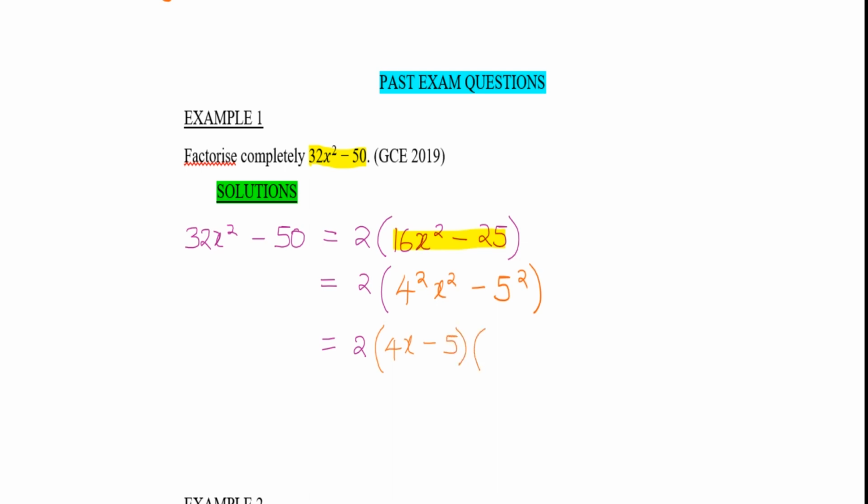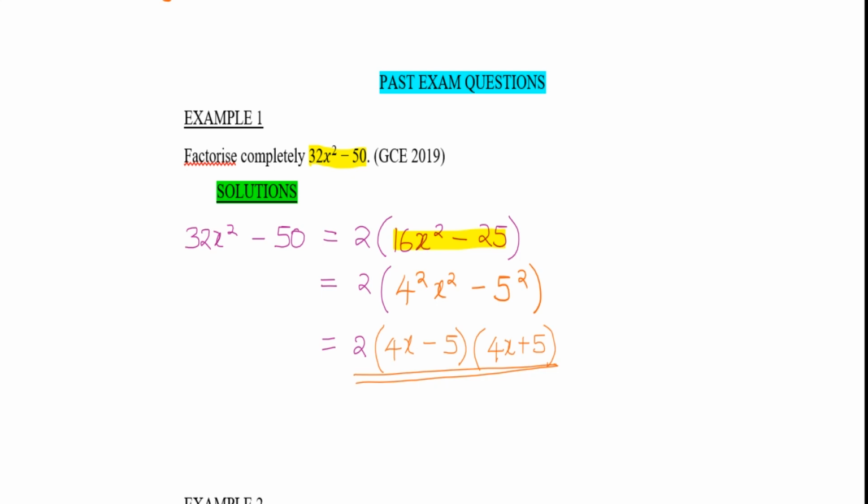The other pair have the same numbers and letters, but in this case it will be a plus 5, and we close the brackets. When we look at this answer, it's telling us that there will be no other factors that can go into what is in the brackets and outside the brackets. So this one will give us the answer for question A.